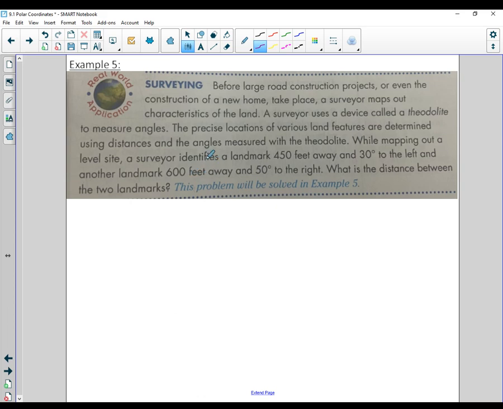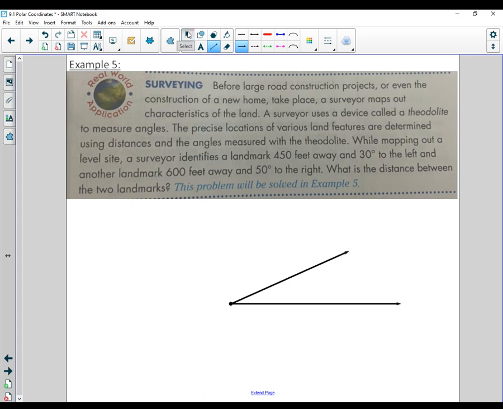So let's do this. All the important stuff is right here. While mapping out a level site, a surveyor identifies a landmark 450 feet away and 30 degrees to the left. I like to think of our polar axis. The book did it a different way, but if that's our polar axis, we have 450 feet away.